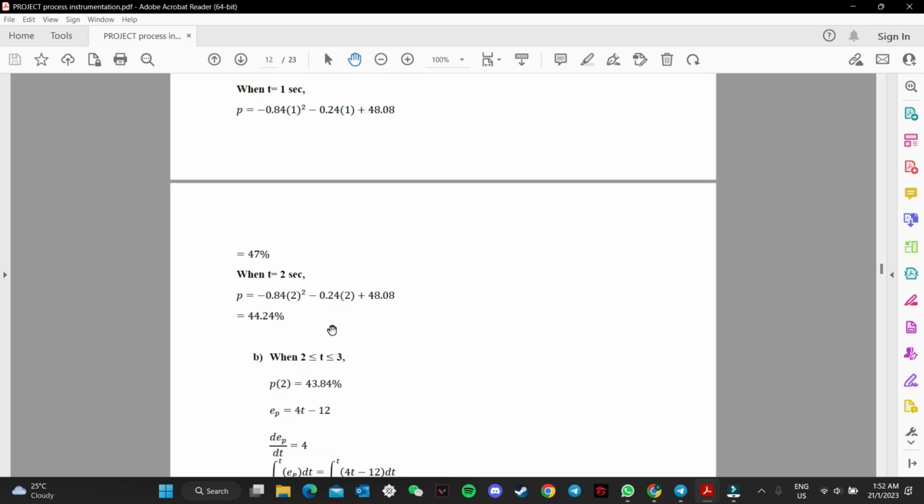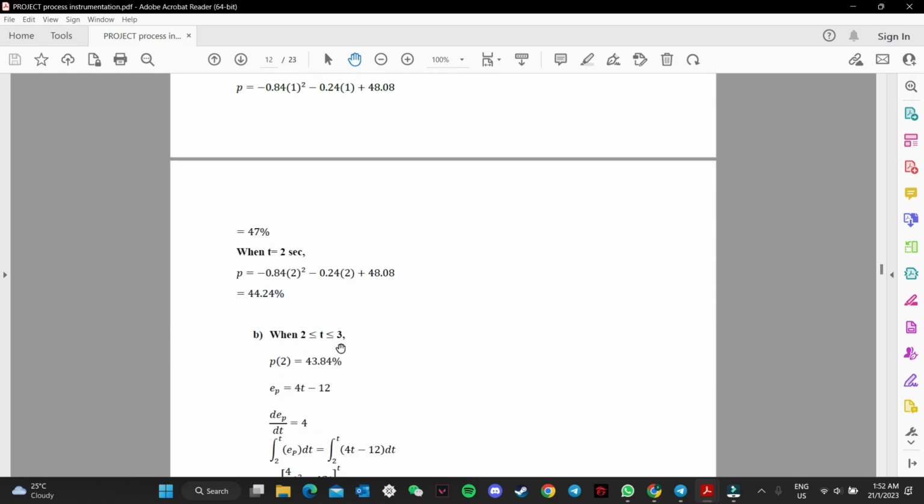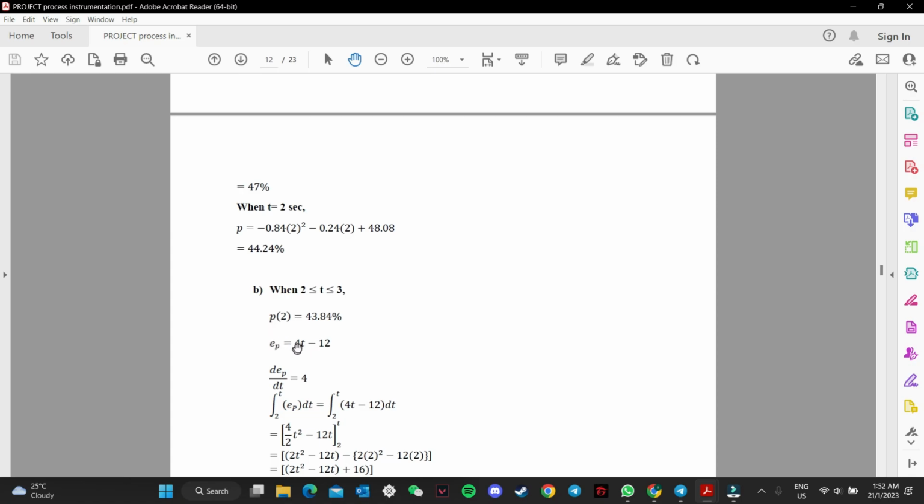So the same step also repeats. We just change the error equation following with the time second that we want to calculate, and also the proportion output at that second.